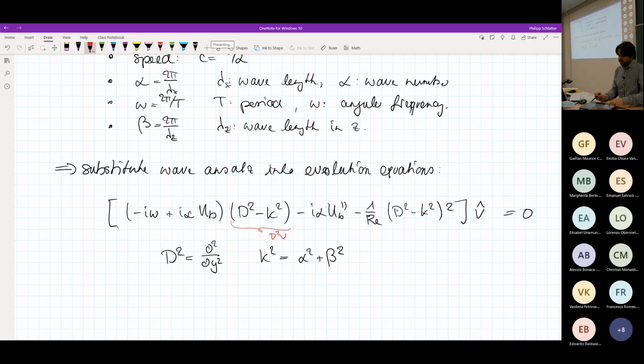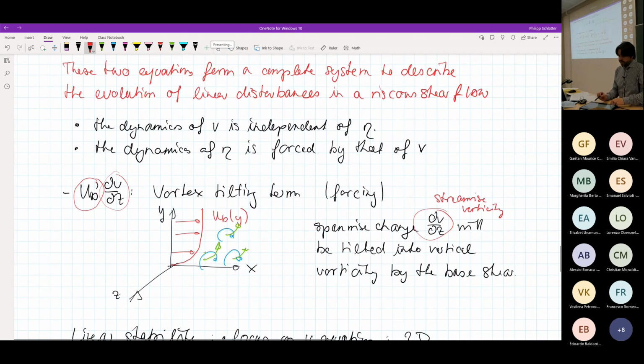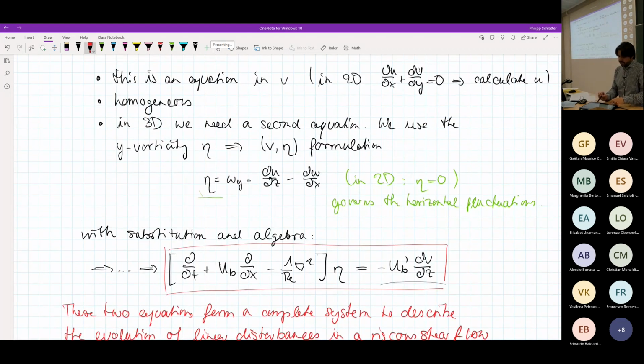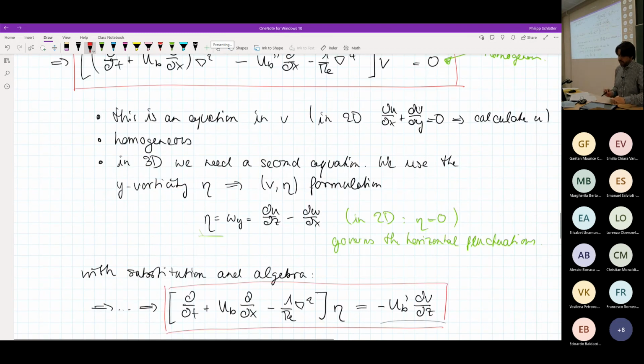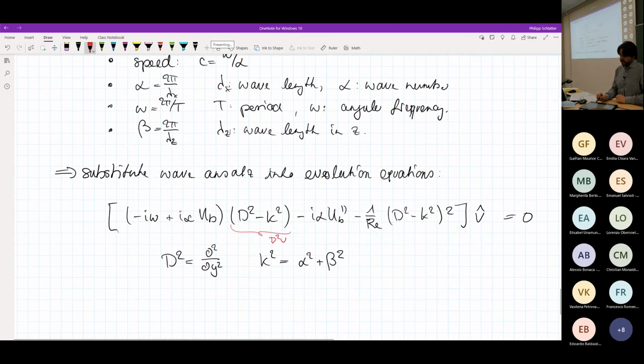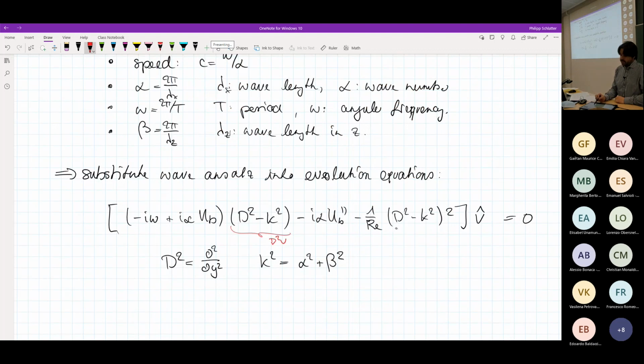And then we have the viscous term, which is the fourth derivative here, minus 1 over Reynolds nabla to the 4. And here this becomes minus 1 over Reynolds times this nabla squared operator, d squared minus k squared squared. So that's kind of the principle on how we obtain this equation now in Fourier space.